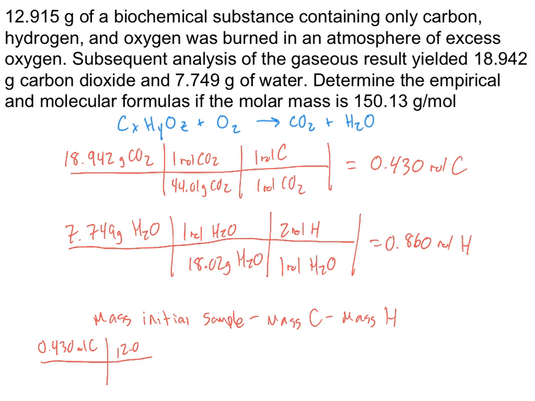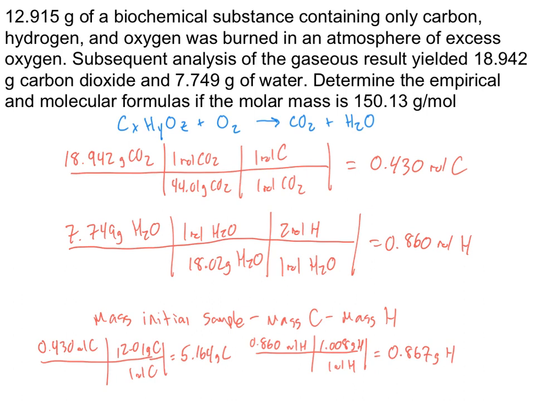We convert that to grams, for 5.164 grams of carbon. We started with 0.860 moles of hydrogen. Convert that to grams, for a total of 0.867 grams of hydrogen.